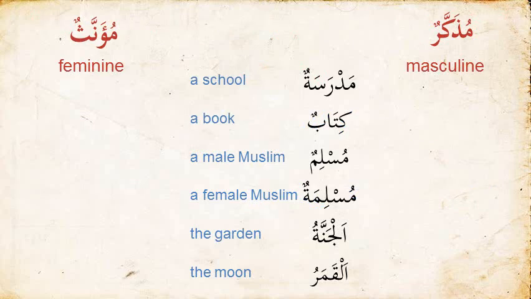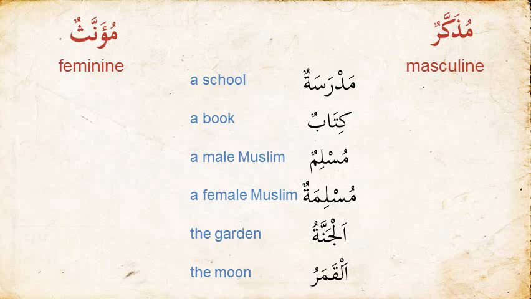So before doing a short exercise, we want to learn the Arabic terms. The Arabic term for the word masculine is mudhakkar. And the Arabic term for the word feminine is mu'annath. Mudhakkar and mu'annath. This is masculine and feminine in Arabic.